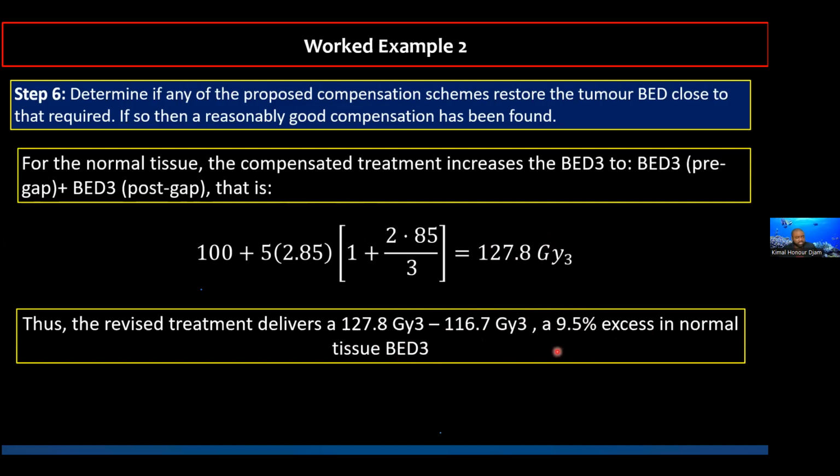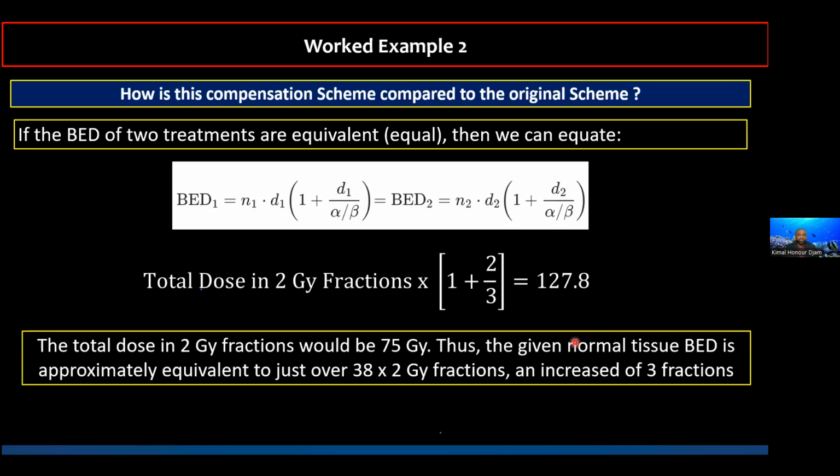And so the question then that you have to answer is, is this acceptable or is this not acceptable? This is the point where you have to work with your primary physician to evaluate what this compensated scheme would mean in terms of the equivalent dose in the schedule delivered with 2 gray fractions, as we previously noted.